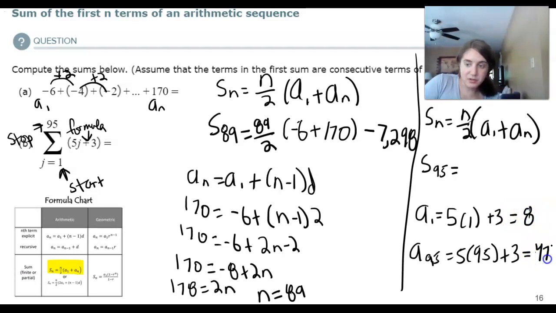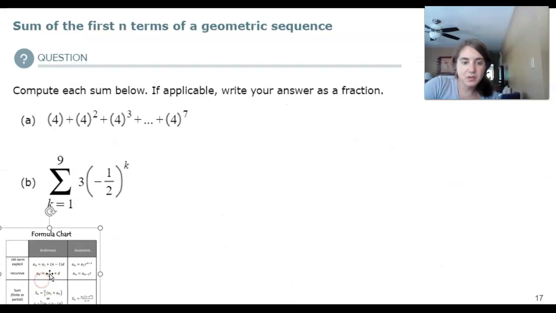My last term is 478. And that gets me to 23,085.